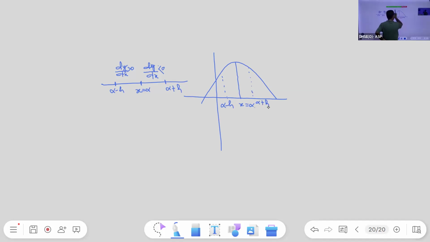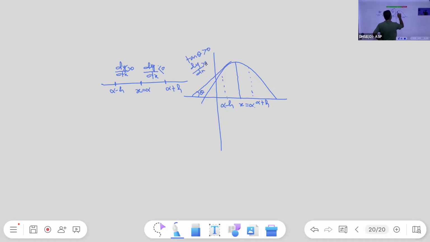In the region alpha minus h to alpha, take a point on the graph of the function and draw a tangent. The inclination theta will be acute. If theta is acute, then tan theta is greater than 0. Tan theta is the slope of the line, and is determined by dy upon dx, so dy upon dx is greater than 0.